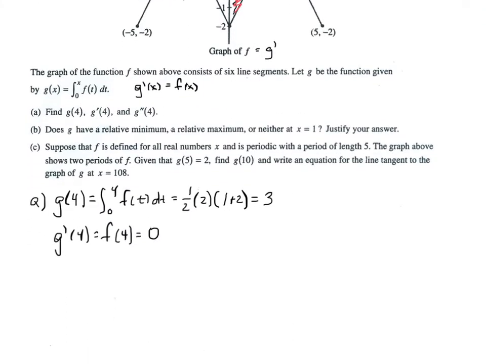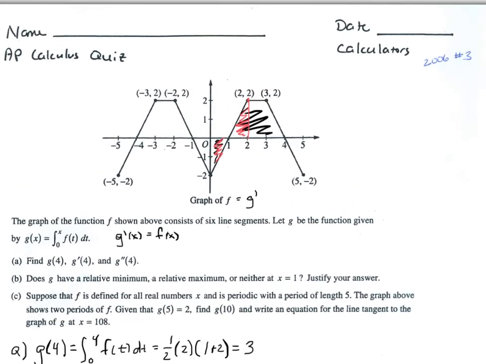And now we have to find g double prime at 4. So that's the derivative of g prime, which is the derivative of f. So the derivative of f would be the slope of this line here.